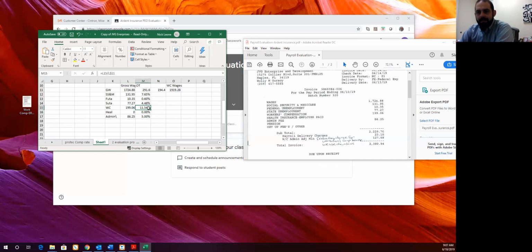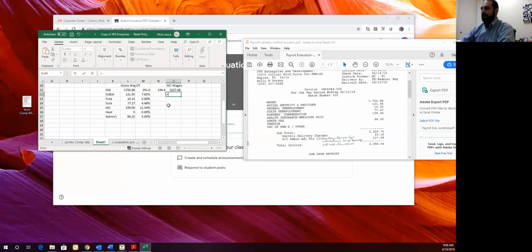But remember what I was saying about the workers' comp wages. We've got to back into what those real numbers are, because this has got overtime and you're not paying on almost $100 worth of overtime.